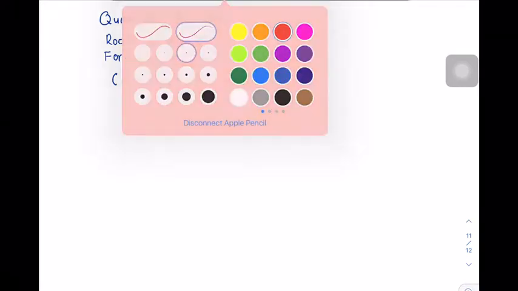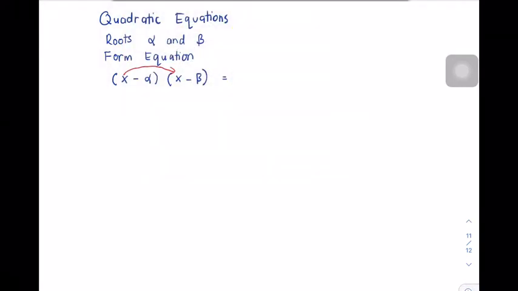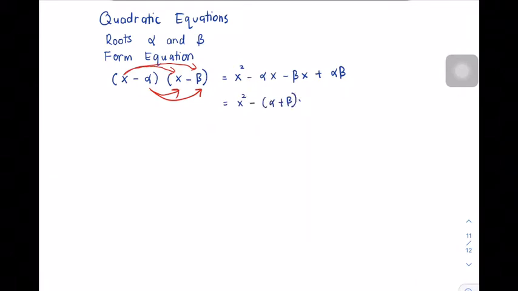When you expand all the brackets, you will get x squared minus alpha x minus beta x plus alpha times beta. Simplified, it will be x squared minus (alpha plus beta) x plus alpha beta.